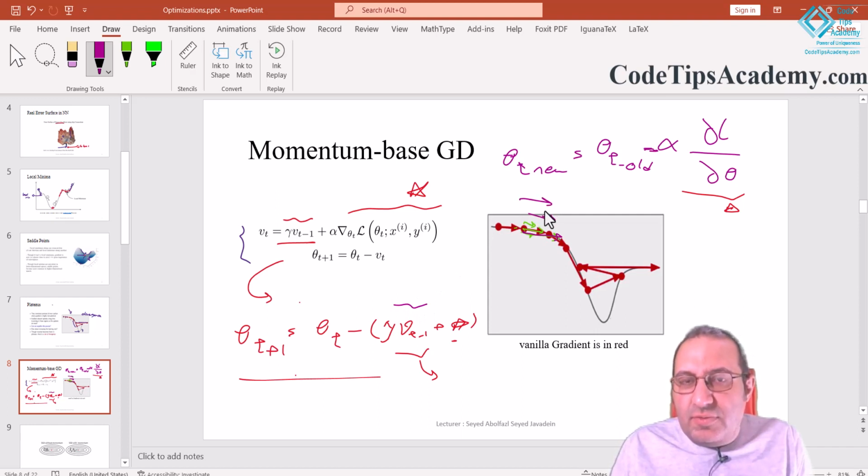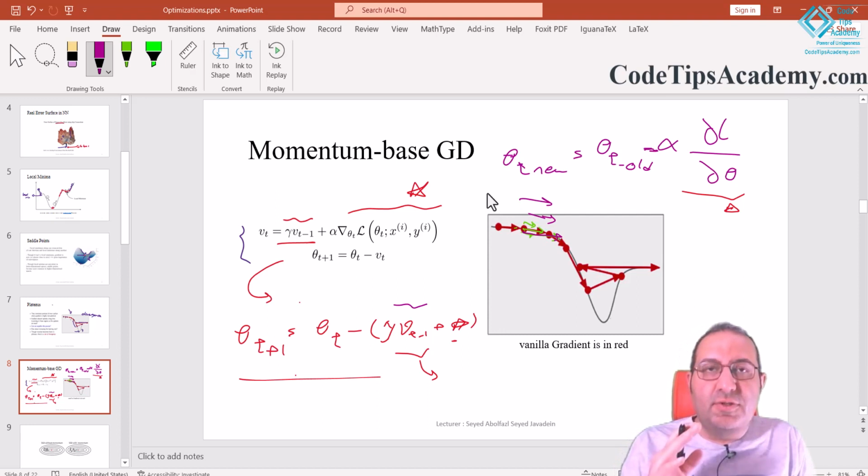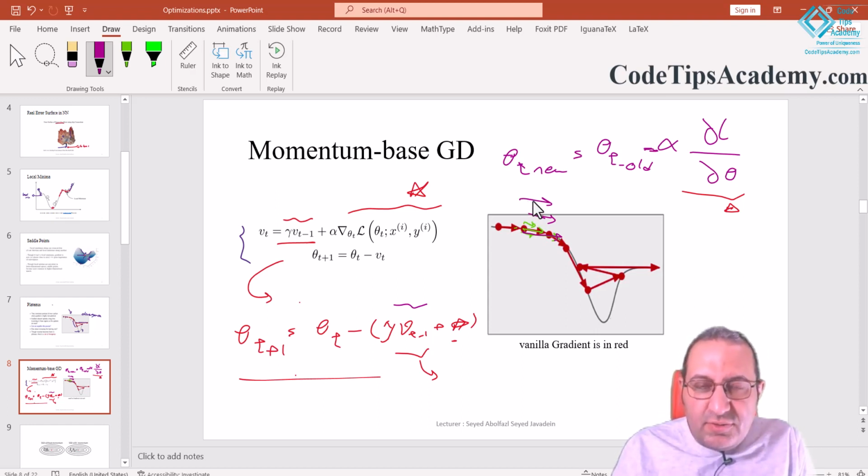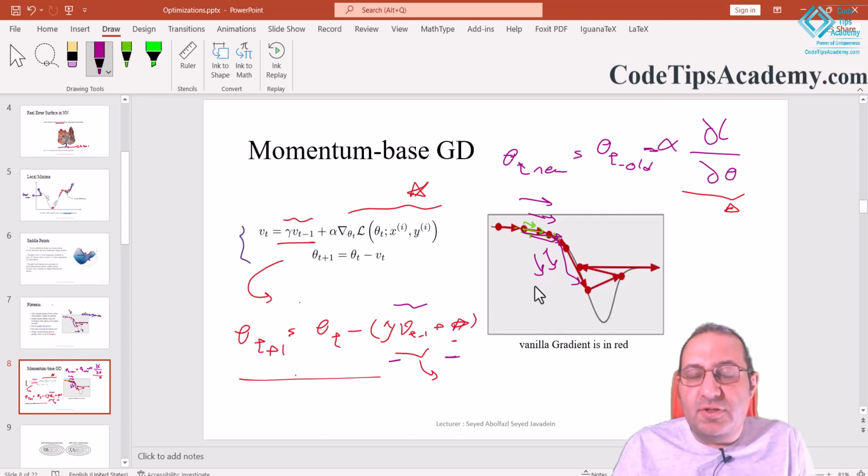This is the speed vector. It means the direction that we came from, in which direction we got to this point, and this is the speed direction. We have the sum of two vectors, and we get a larger vector here. And for this vector we get a larger vector here too, because here the gradient is in this direction and the speed is in this direction too.